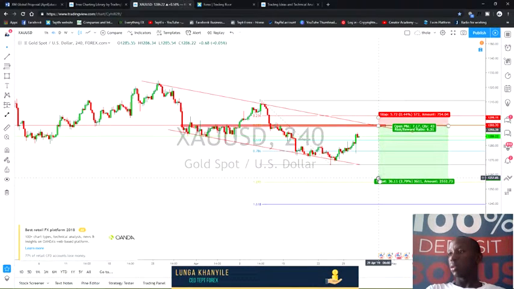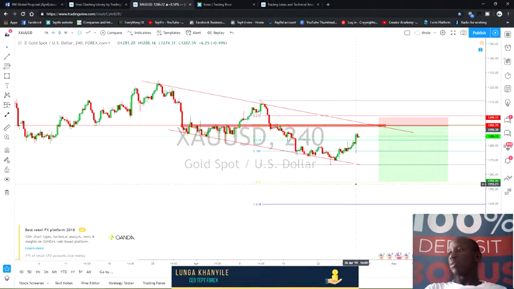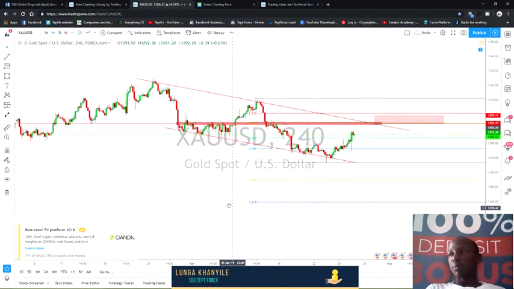So we will have something like this. So this is a trading opportunity that we will take advantage of sometime next week.